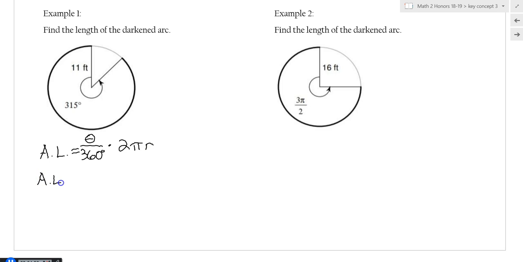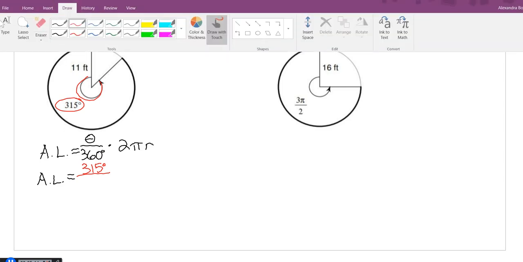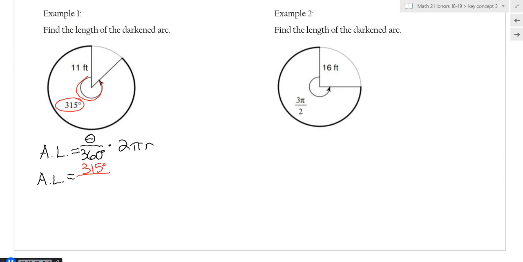My angle for this one is 315, he's telling me this angle, divided by 360 degrees, times 2 pi, and then we have our r, which in this case is here, which is 11.